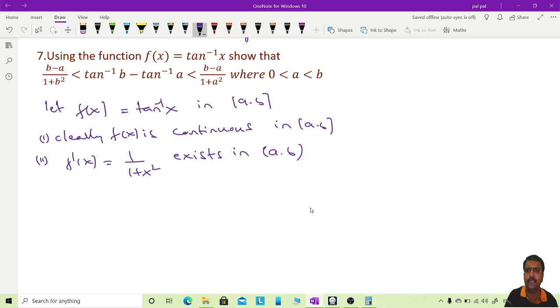So then there exists at least one point c belongs to ab such that f dash of c is equal to f of b minus f of a by b minus a.